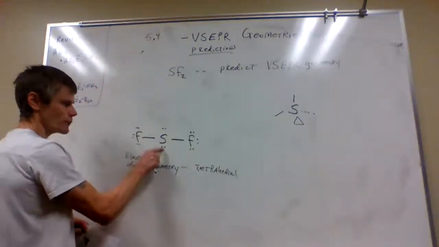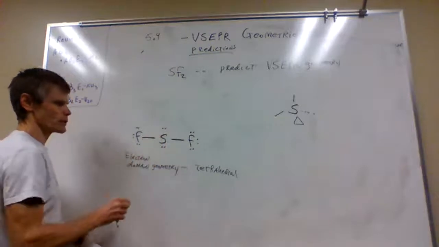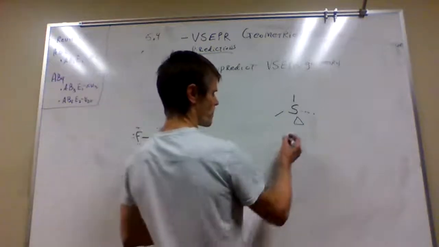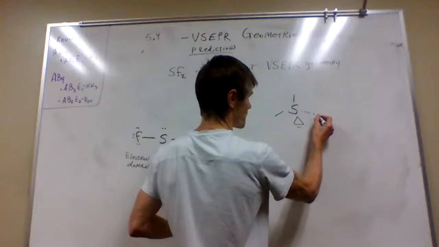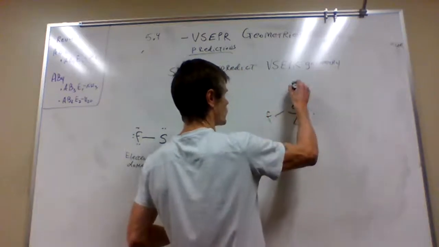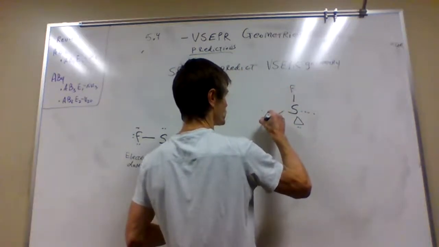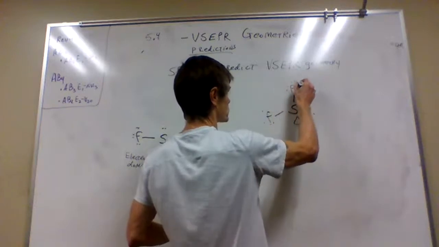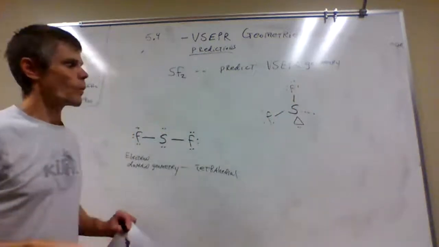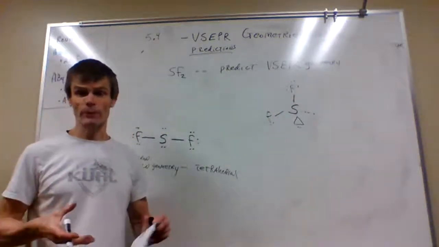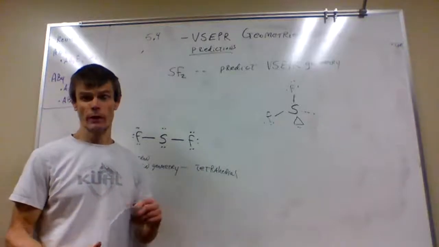Notice 2 of these regions are lone pairs of electrons, and 2 of them have fluorine. So what type of molecular geometry would you expect for this situation?